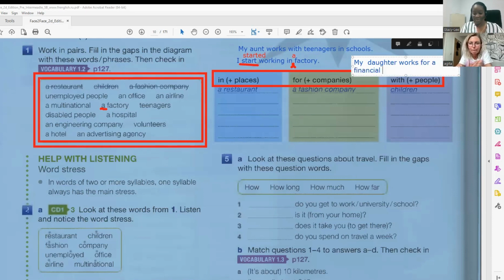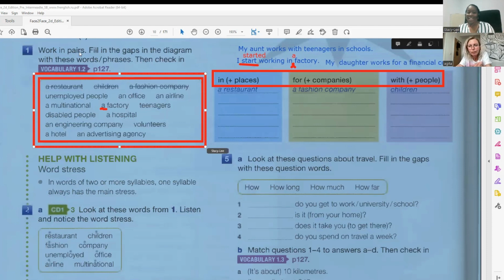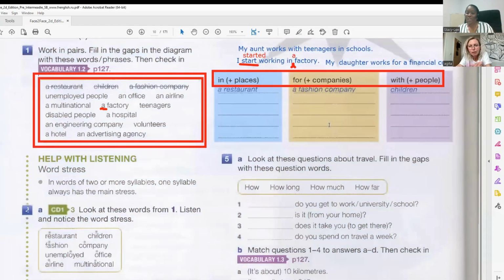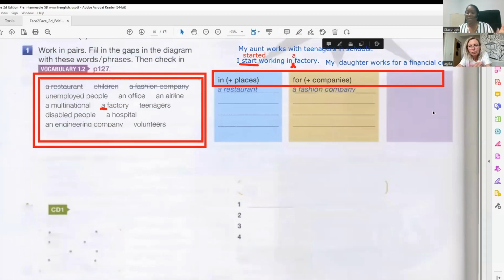Very good. I'm very proud of you, Agatha, because you used a company that was not listed in our list. So that's very good. My daughter works for a financial company.